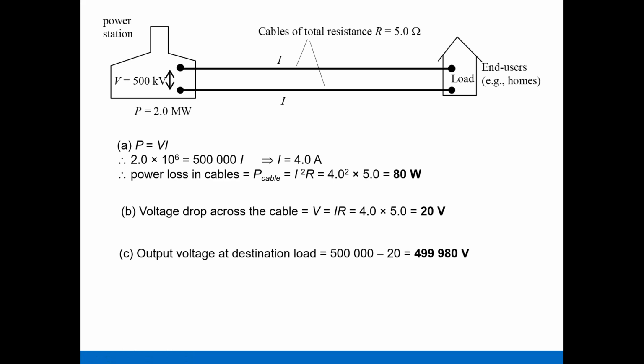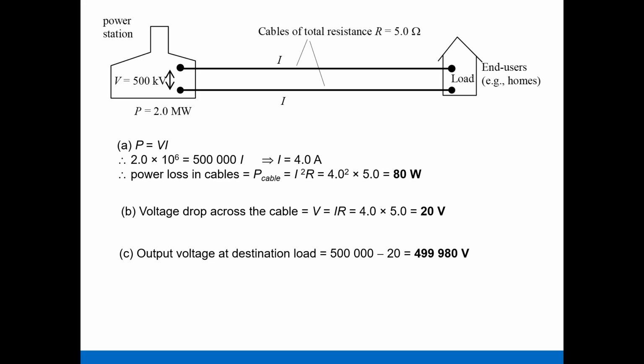Why is this important? Why am I highlighting this to you? Because when we calculate the power, I suggest to you to use I squared R. But can you use the equation V squared over R? The answer is yes, you can. However, there are 3 V's here: 500K, 20, and 499.98K volts.